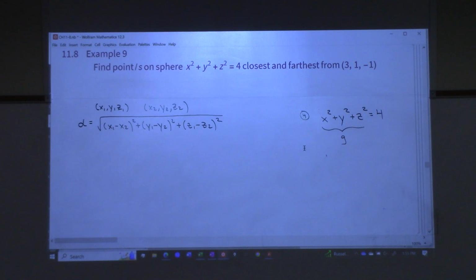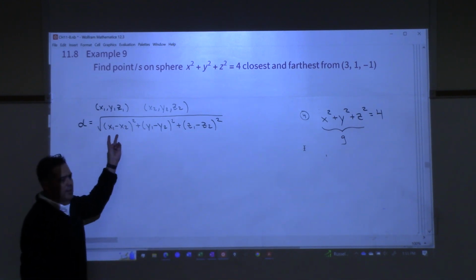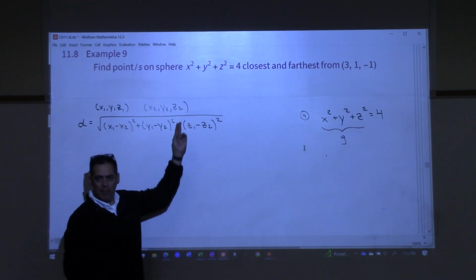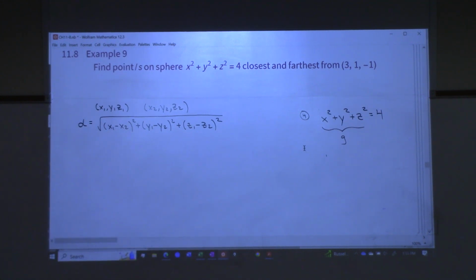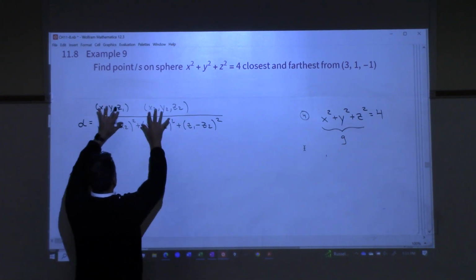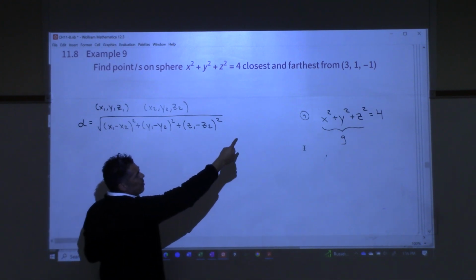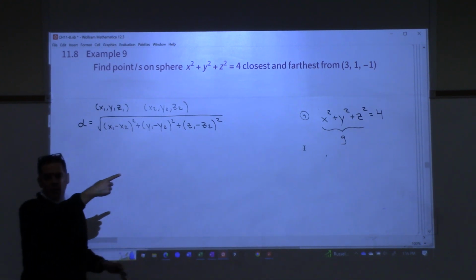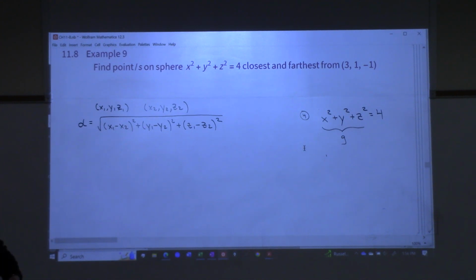And I probably didn't use x1, y1. I probably used like a, b, c or something like that. Yeah, but it's the same idea. It's the difference of the x coordinates squared plus the difference of the y coordinates squared plus the difference of the z coordinates squared, square root. That's your distance formula. Now for us, this is arbitrary, right? This is like any 2 points. We actually know one of these points, right? One of those points is the point 3, 1, negative 1. The other point, on the other hand, we don't know. That's what we're trying to find out, right?